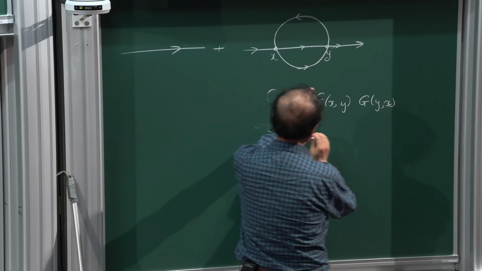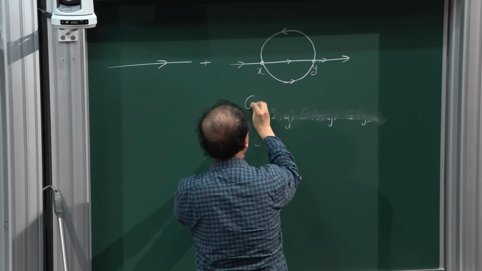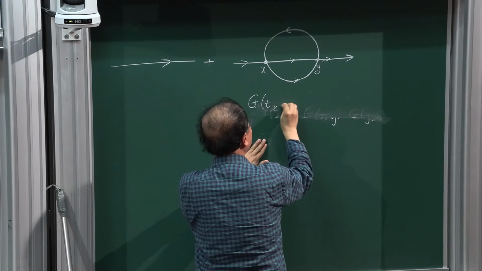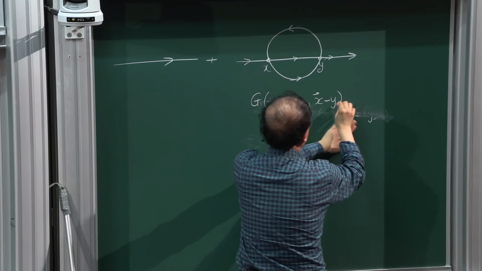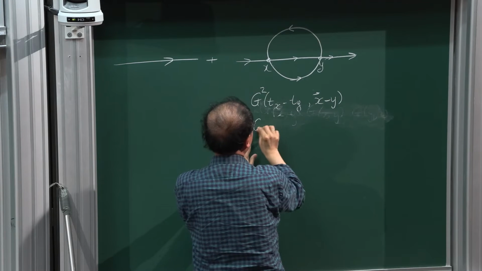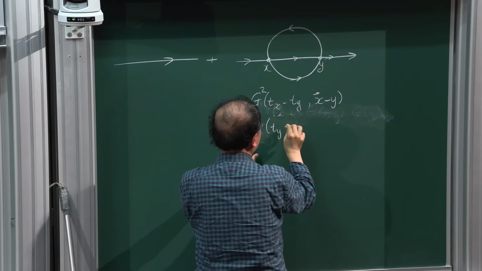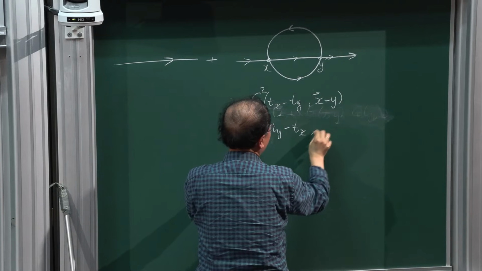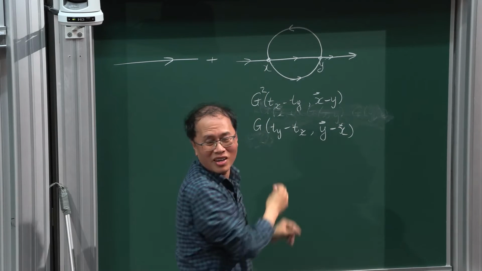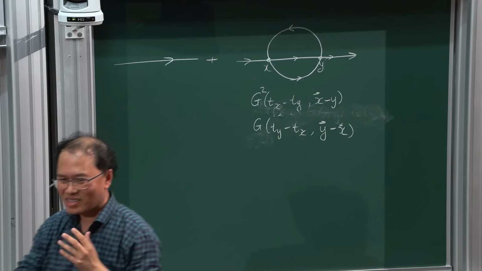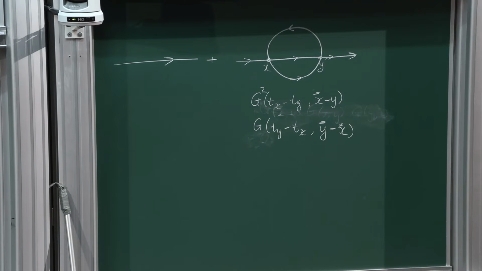The more correct thing, let me write G of t_x minus t_y, x minus y, squared, times G of t_y minus t_x, y minus x. That is the other propagator that's coming out here, and you see that it's always 0.